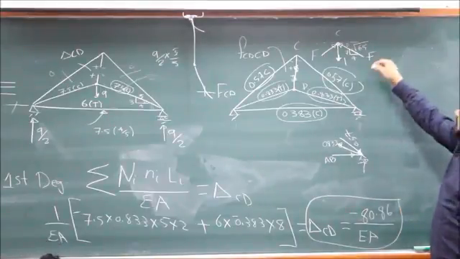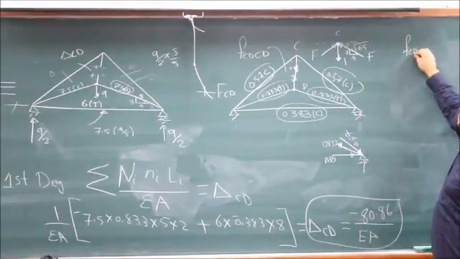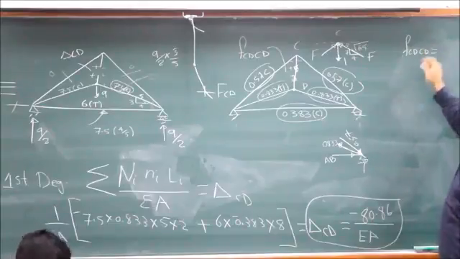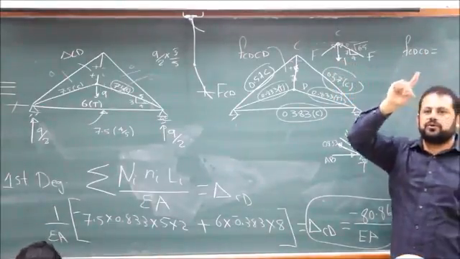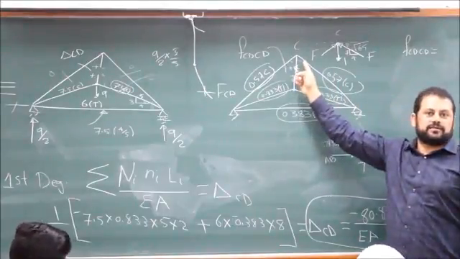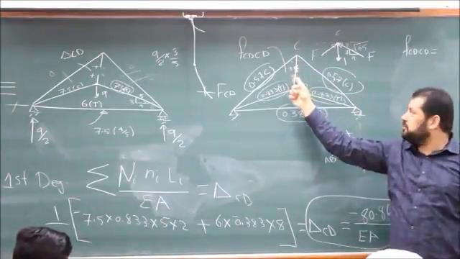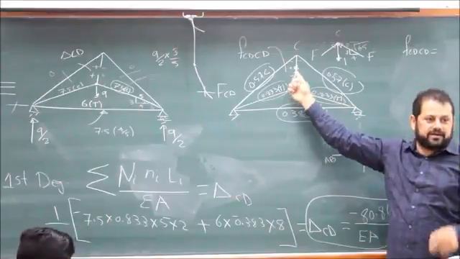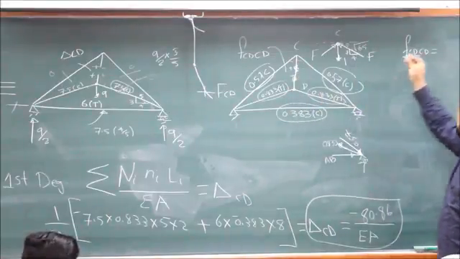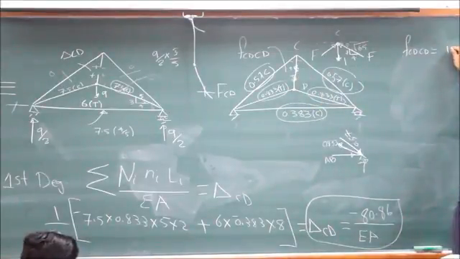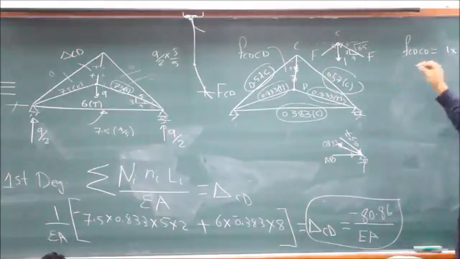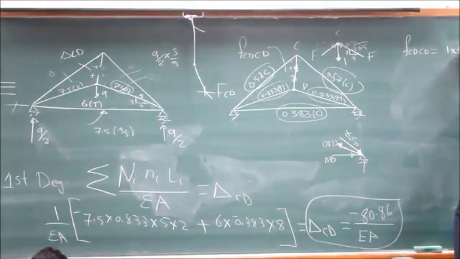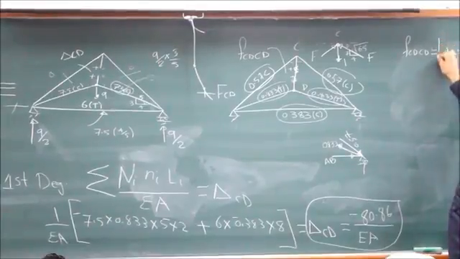Okay. So what's F CD? Equal member by member. And the first one you do is this number, so you don't forget it. There's 1 here. So 1 square times the length, 4, everything over EA.